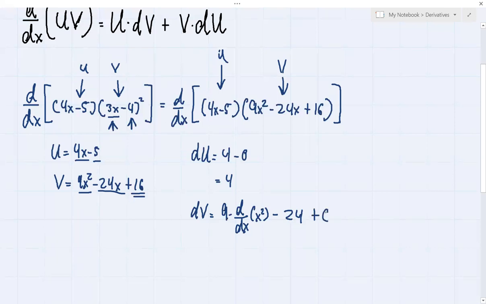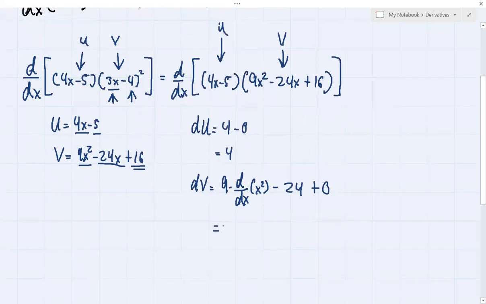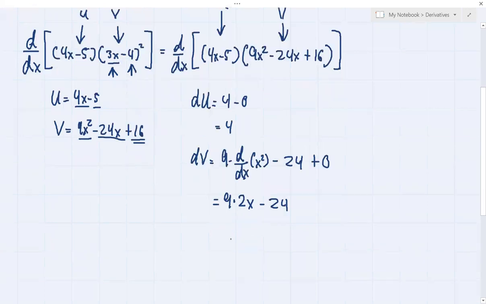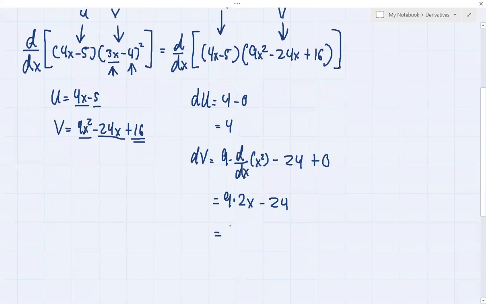And next, ang derivative ng 16 ay 0. Okay? So we still need to differentiate pa. So 9 times ang derivative ng x squared. So we will use the power rule of differentiation. So magiging 2x raised to 2 minus 1. So 2 minus 1 is 1. So we will have x na lang. Then here we have negative 24 plus 0. So magiging negative 24 lang siya.